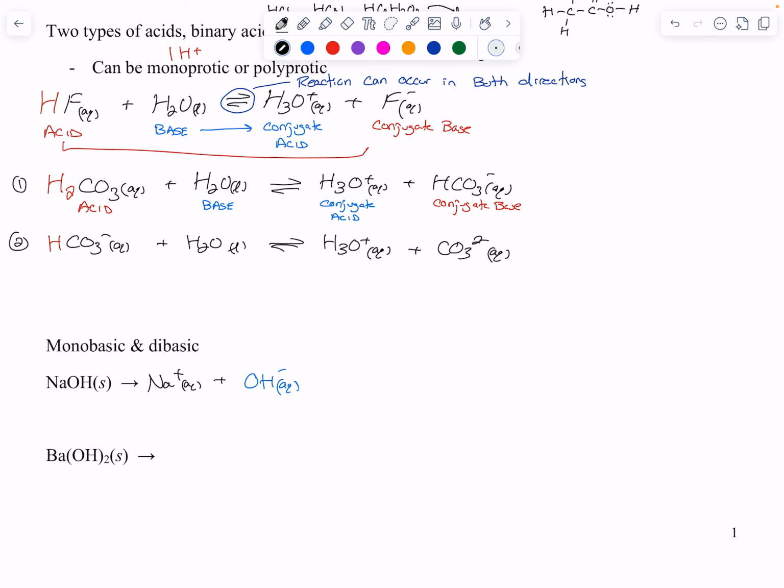Barium hydroxide breaks up into barium 2+ and 2 hydroxides. So that's why it's dibasic, because there are 2 hydroxides that come out. All right. So those are the definitions.